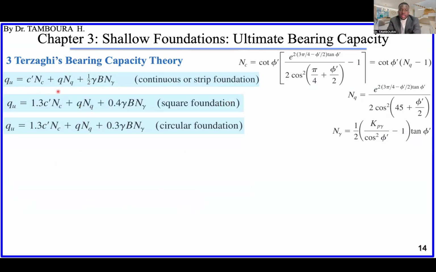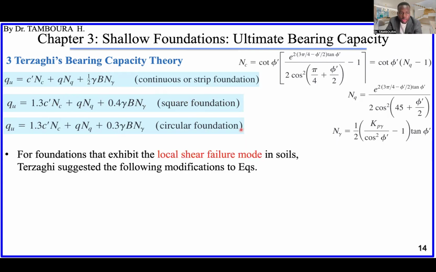So now we have three cases: strip continuous footing, square foundation, and circular foundation. Remember that these three are for general shear failure.